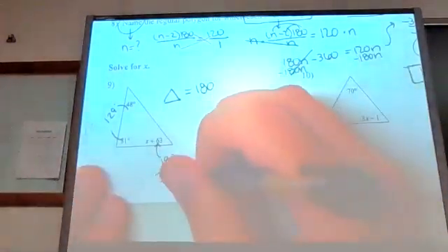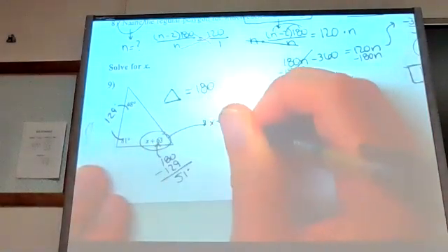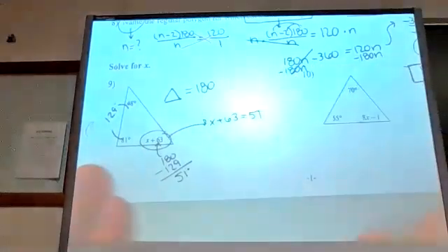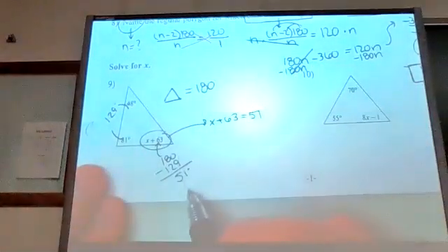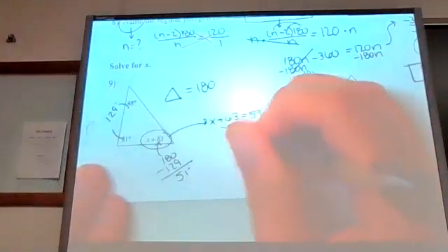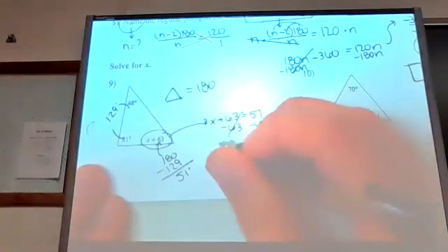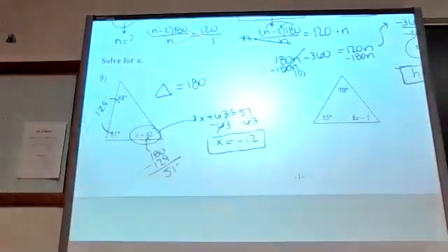51 degrees. So this angle, x plus 63, equals 51 degrees. Okay, so I know my triangle has to total 180, and then I subtract the 63, and I get negative 12. Okay, same idea here.